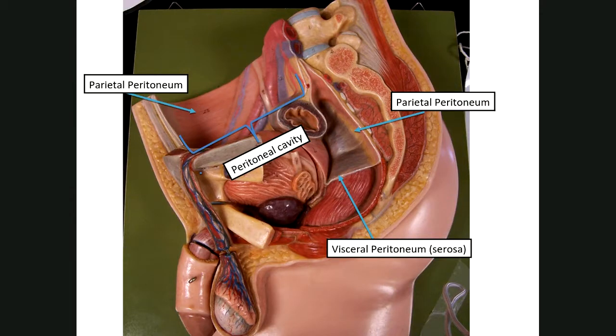Here's another area where there's the peritoneal cavity right here, that space between here and here. And remember, the peritoneal cavity, just like the pericardial cavity and the pleural cavity, has fluid in it. It has serous fluid. And remember, serous fluid is very lubricating. It reduces friction.